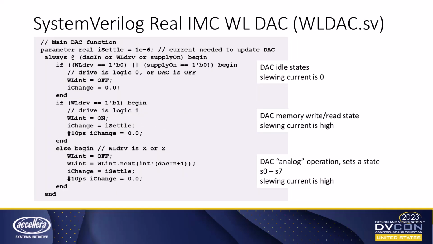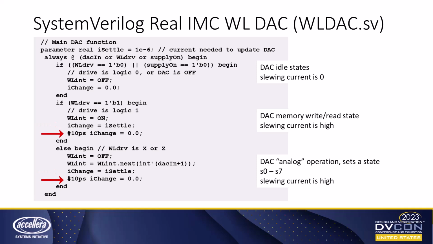Here's the main DAC function that sets the internal state of the DAC. We have a parameter at the top, iSettle, which is going to be the current drawn by the DAC while its output is changing. And if the DAC state is a driven state or an analog computation state, we're going to set the variable iChange to the settling current, and that current will last until the DAC is settled, which we've coded here to be 10 picoseconds.